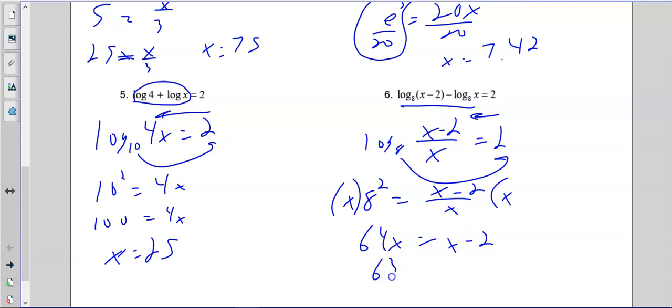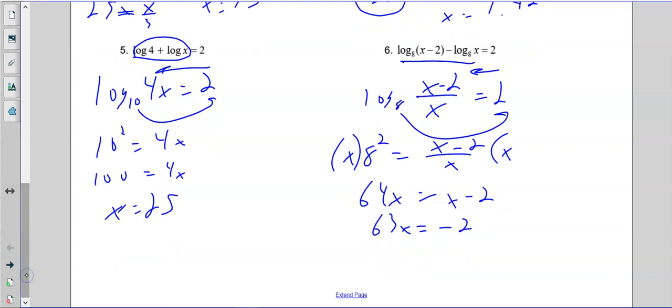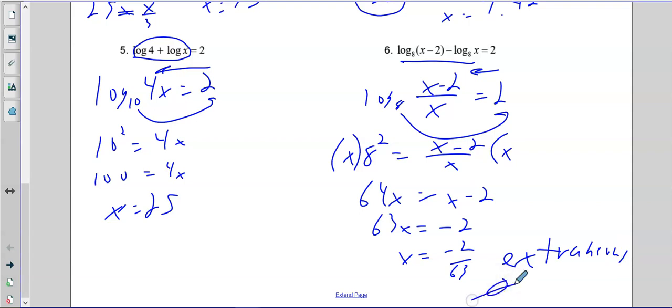Subtract x from both sides, that's 63x equals negative 2. Divide by 63, and you get negative 2 over 63. If we plug that in, it ends up being extraneous. So no solution there.